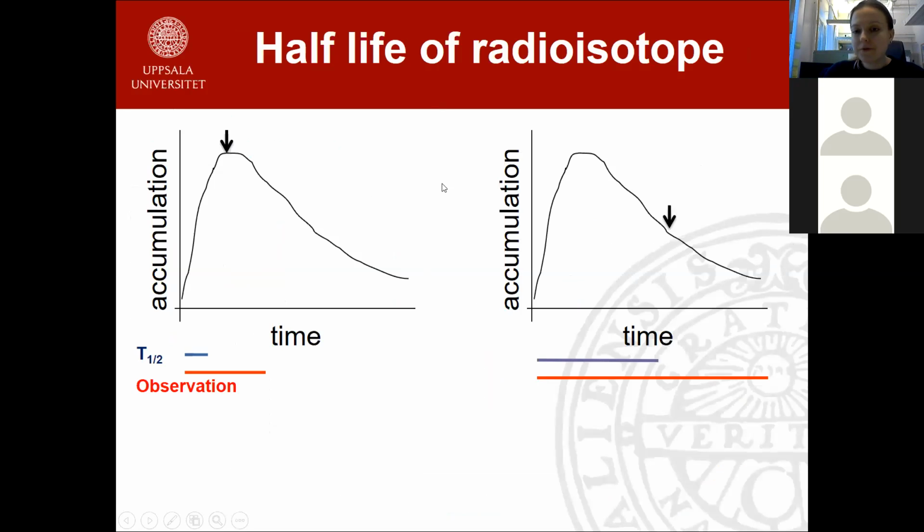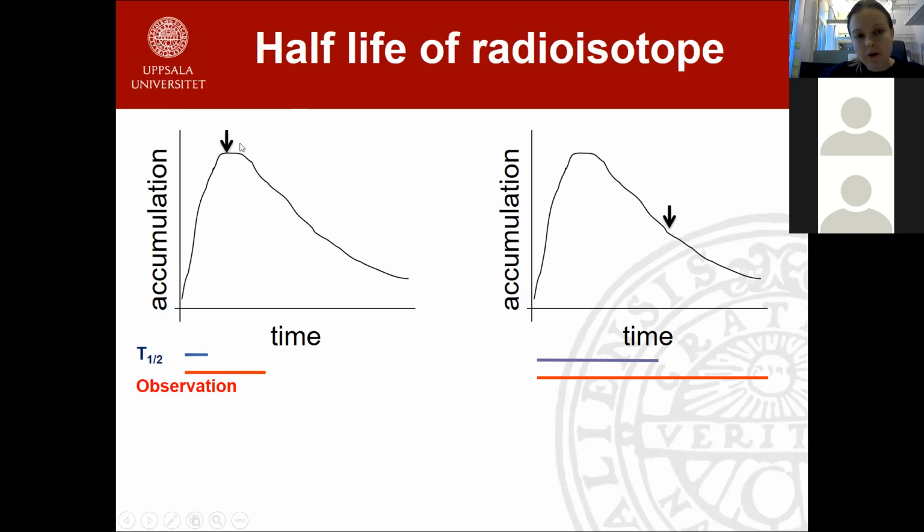And then we can have two kinds of situations of what we want to study. On this graph you can see, for example, a biodistribution of a targeted protein over time, and here at the initial time point we have, for example, the time of administration or injection. After some time there will be maximum accumulation in the tumor, and with longer time, there will be excretion from the body and loss of the signal.